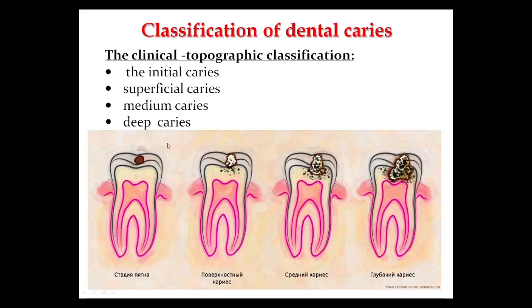And the last one, deep caries, is a deep process reaching almost the pulp, and initial changes may be possible in the pulp. Initial, superficial, medium and deep: 4 stages of caries according to clinic and topography.